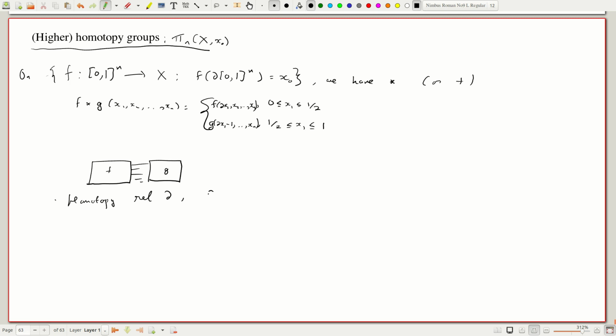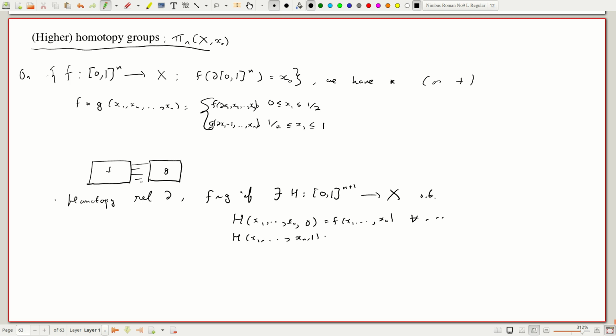That is, f is homotopic to g if there exists h mapping [0,1]^(n+1) to X, such that at the bottom h of x1 through xn, 0 is f of x1 through xn, for everything in the obvious domain, and h of x1 through xn, 1 is g.